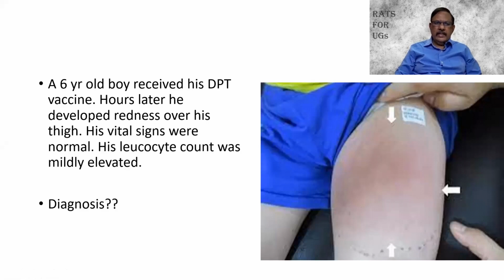In today's class, I present with a case history. A 6-year-old boy received his DPT vaccine, which means diphtheria, pertussis, and tetanus. Hours later, he developed redness over his thigh.